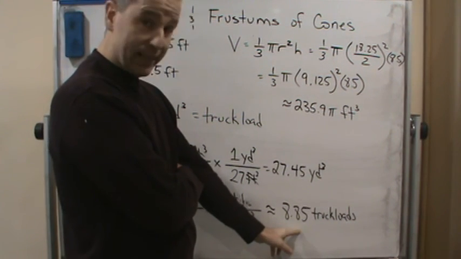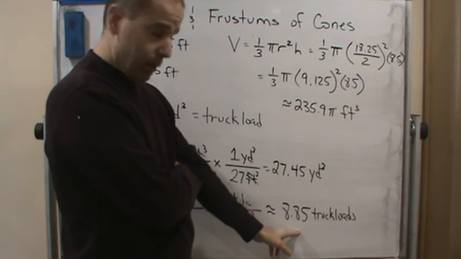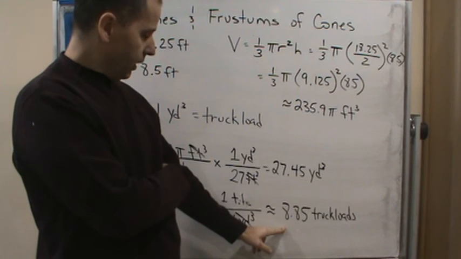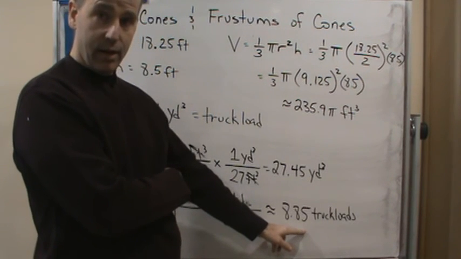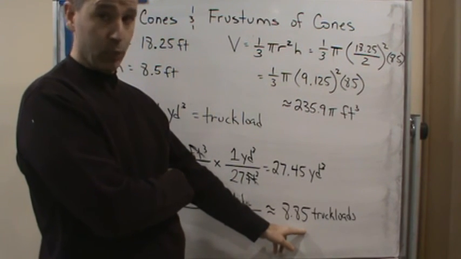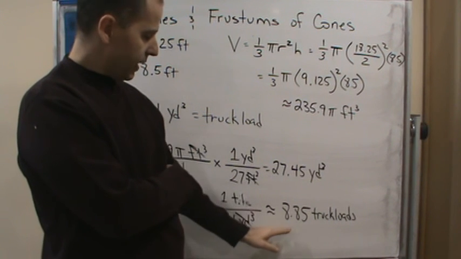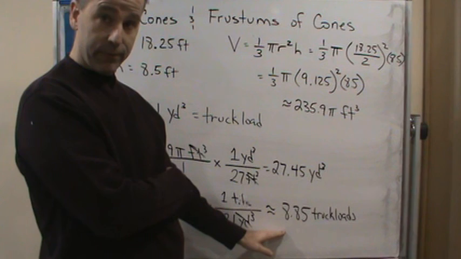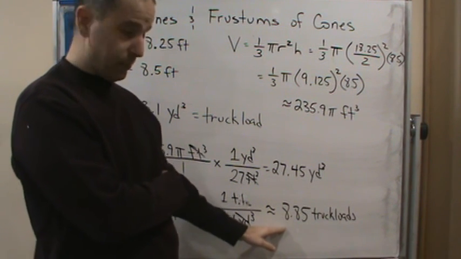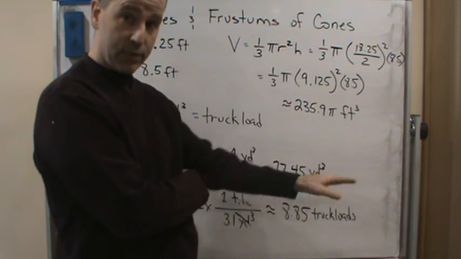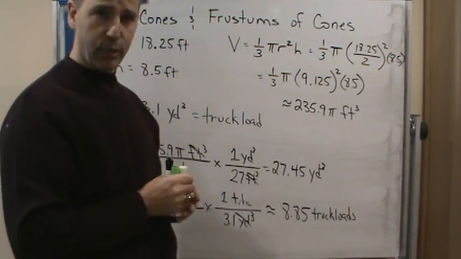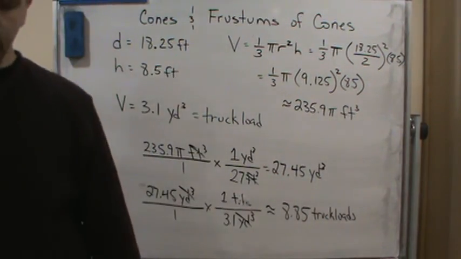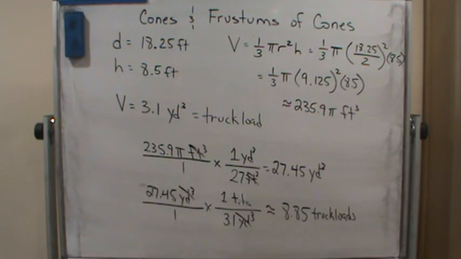We're going to have to make 9 trips, because it'll take 8 loads, but then we'll still have not a complete load, but we'll still have a load. So it's going to take 9 trips to dump all the sand. That's another way to look at it. But the answer is 8.85 truckloads. Have a great day.